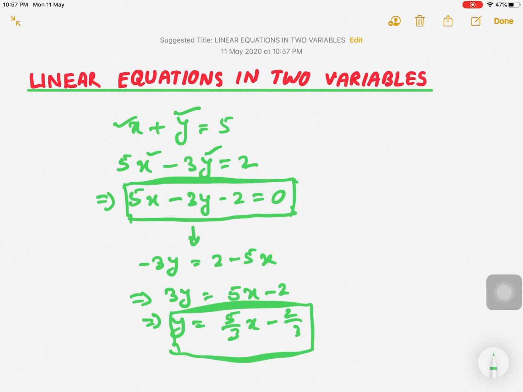So these two equations are of the form ax plus by plus c equal to 0, and this is of the form y equal to mx plus c. So these are the different forms of linear equations.